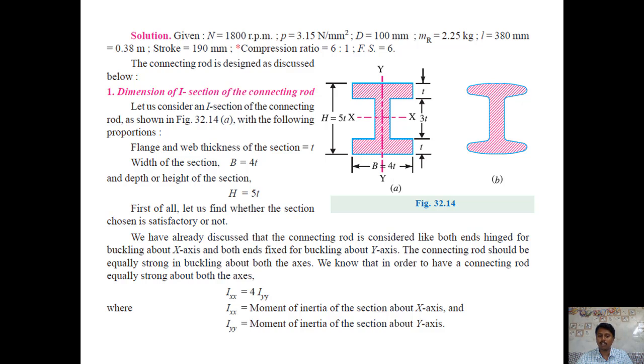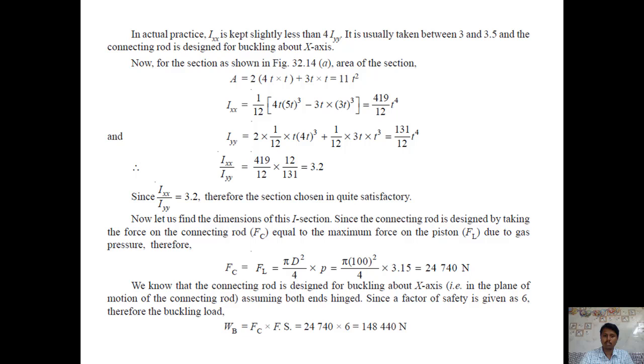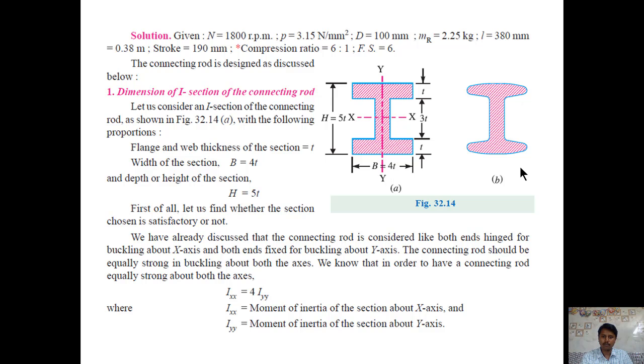Hence, you can use the formula directly. So, Ixx is 1 by 12 B H cube, where here B is 4t and H is 5t.